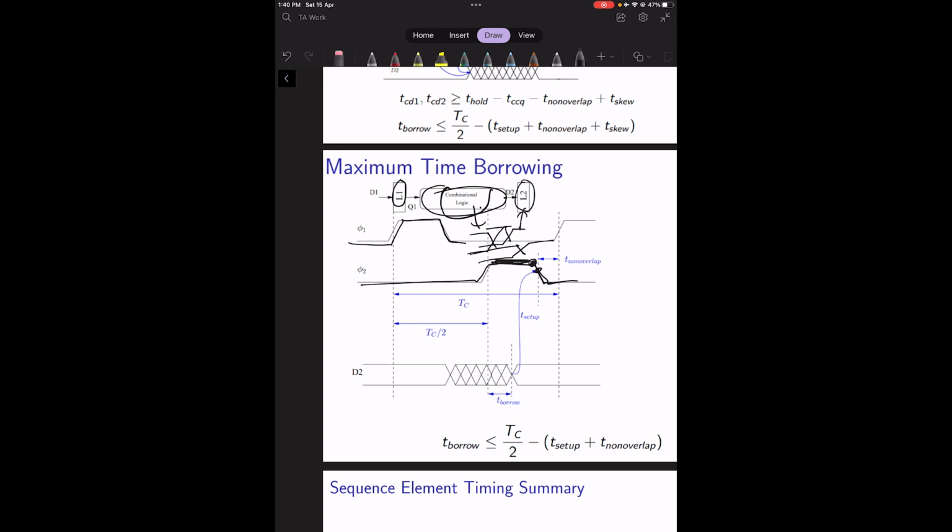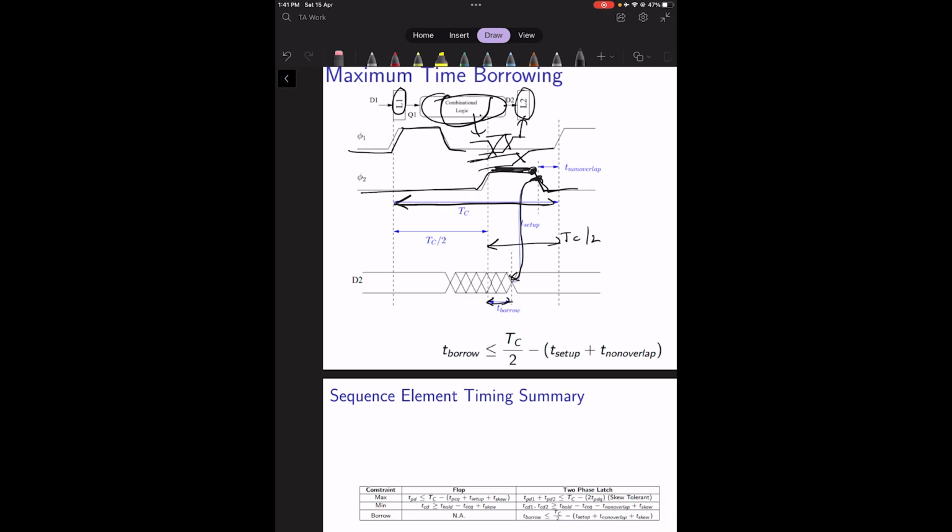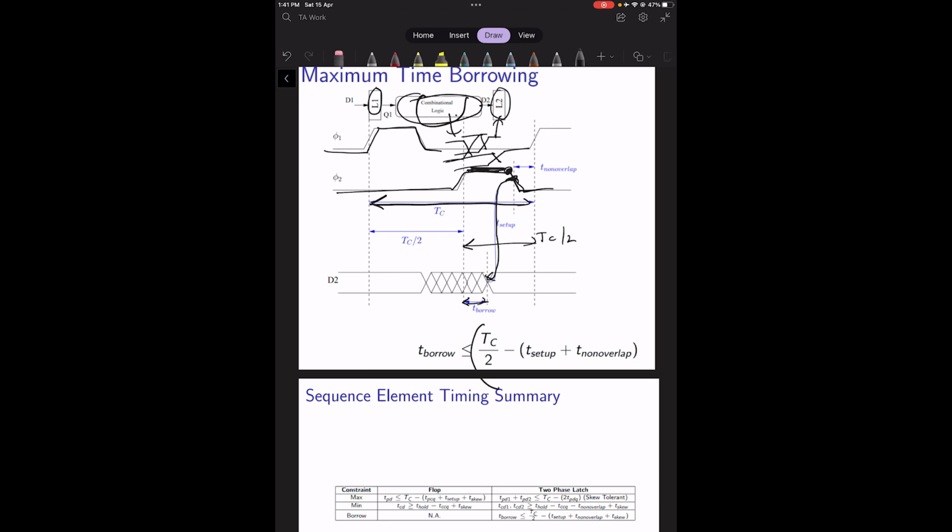So that's why we say the time borrow is nothing but, let's say if the whole thing is TC and this is TC by 2, right? And we call this borrowed time, which is borrowed into the next cycle, but it should be ready within setup, right? You need some amount of setup time even for the latch. So hence the time borrow is less than or equal to TC minus T setup plus T non-overlap.